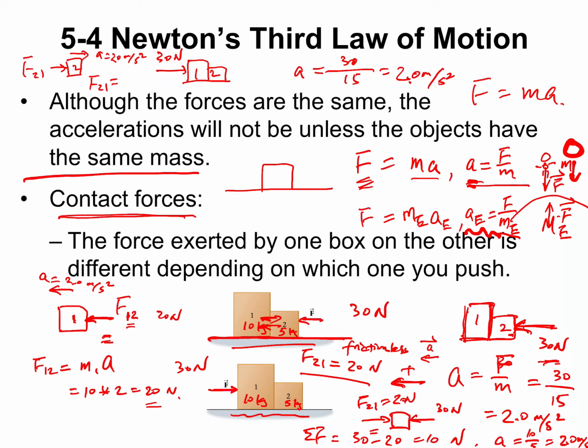If the whole group moves with this acceleration, then each object must move with the same acceleration. The motion status of each individual object should be the same if they move as a group. So F21 is the mass of 2, which is 5, times acceleration 2.0, equal to 10 Newton. So you can tell in this case F21 is 10 Newton.